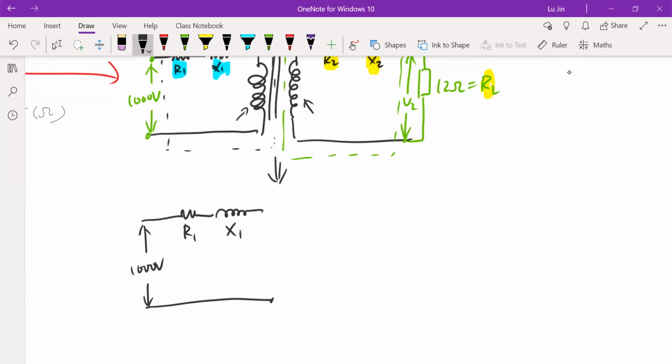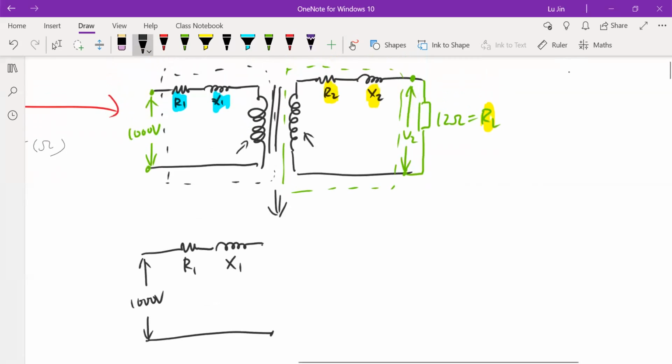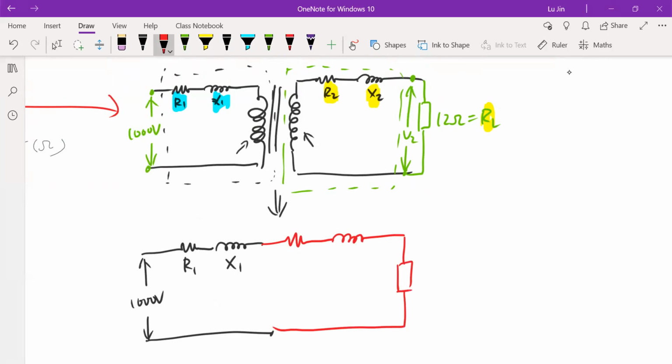But on the other side, we need to remove the ideal coils and put all the components on the secondary side to the primary side. Now I'm changing the pen color to red. When we move R2 from the secondary side to the primary side, its value will change.